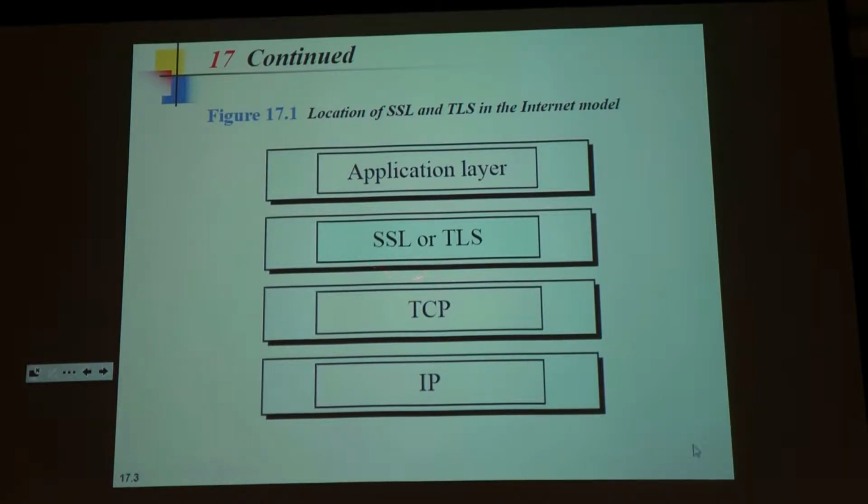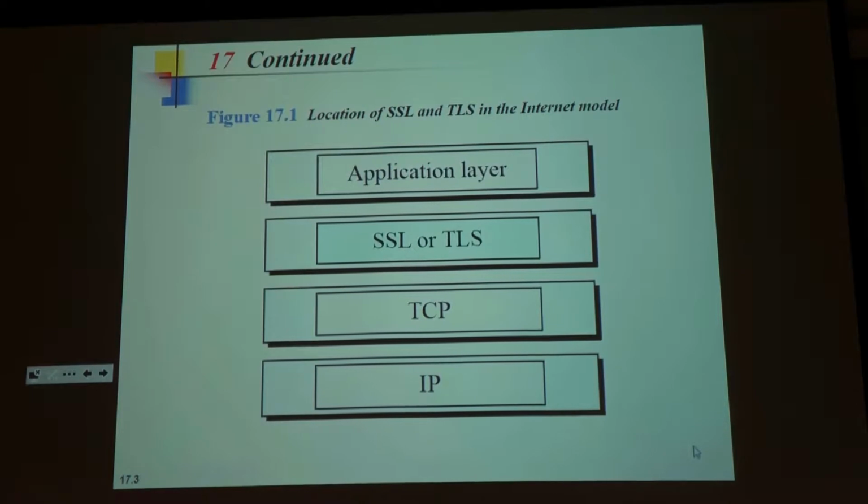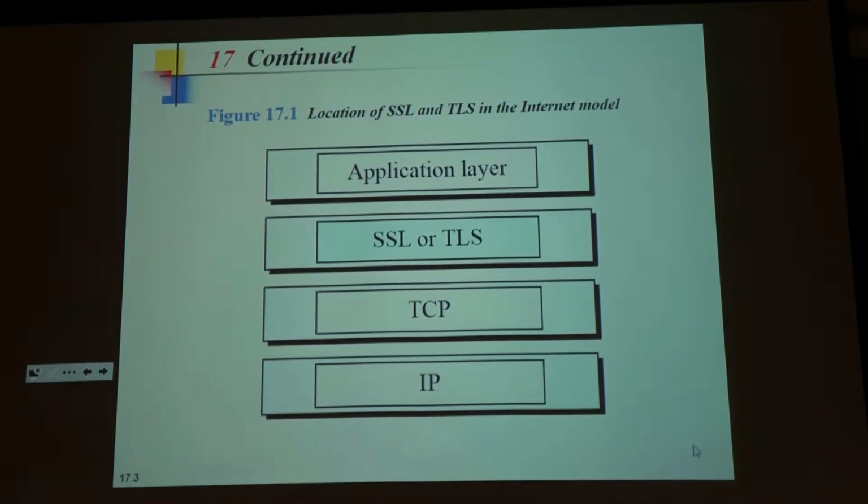SSL or TLS comes as an additional layer between TCP and the application layer. So the data coming from the application layer will be secured with SSL before it moves to TCP. That's exactly what we try to do.